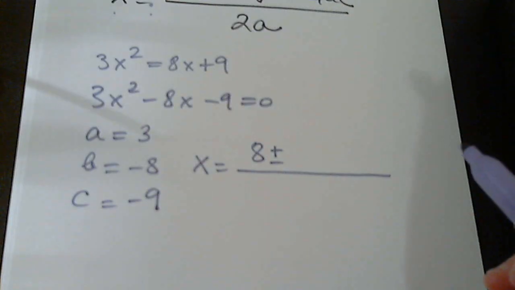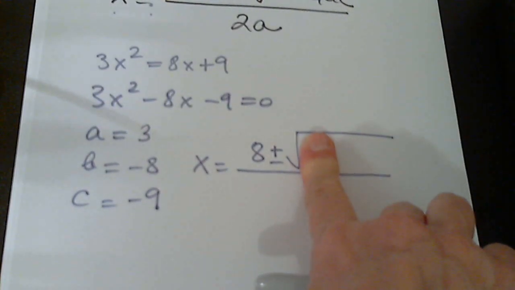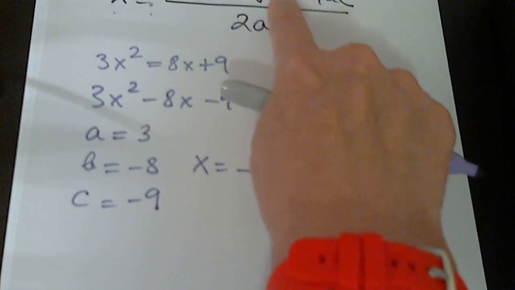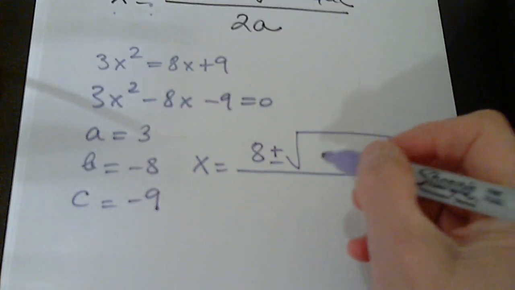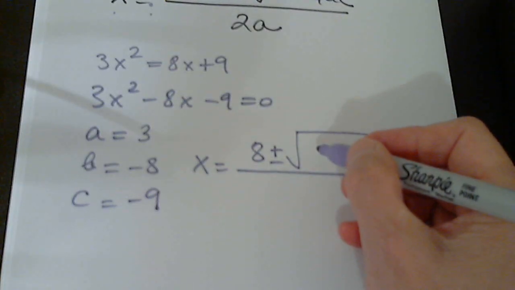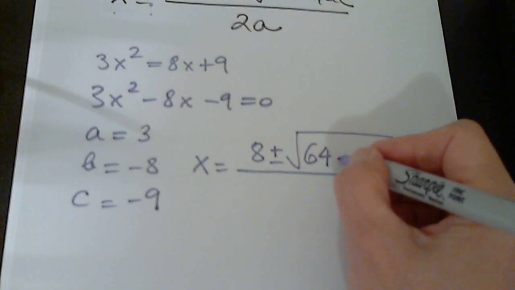Plus or minus. The square root. The first number must be positive no matter what. I have to square B. Can anyone square B and tell us what to write? 64. Excellent. Then I have to copy minus.